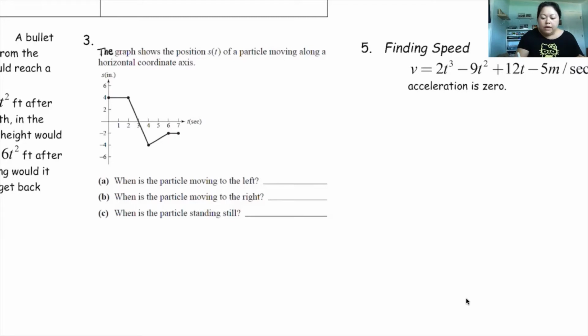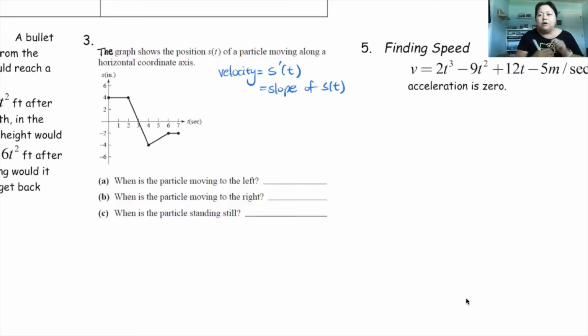So we know that velocity is the first derivative of the position function. So it is the slope of the function. Right. So then you need to figure out what indicates direction, right?